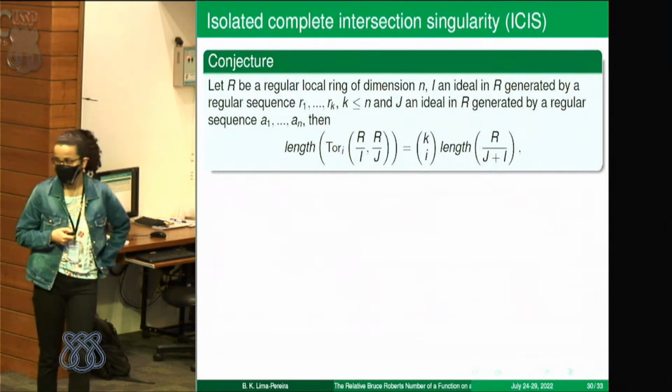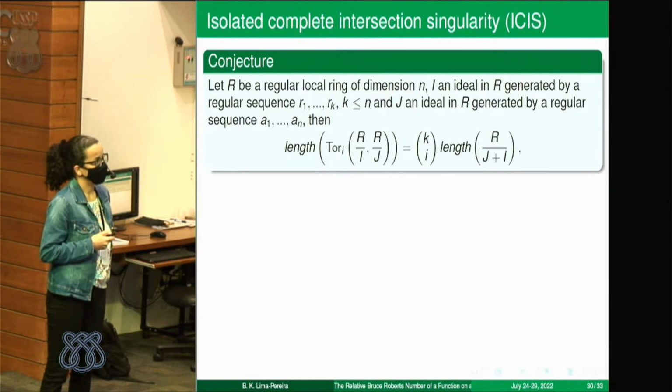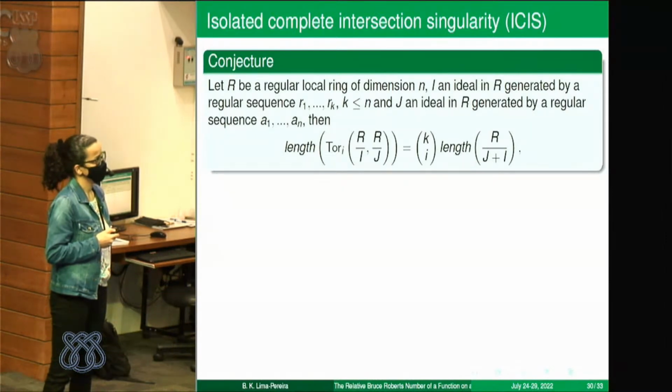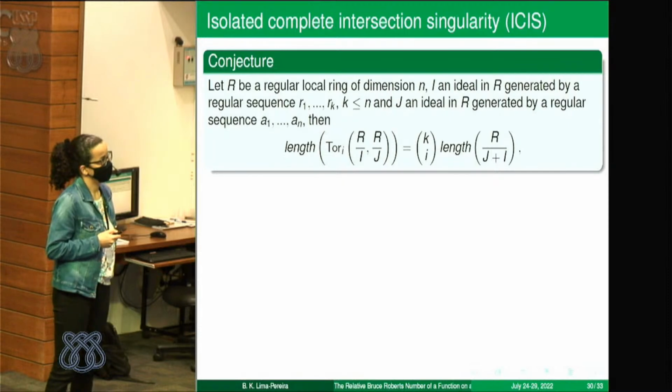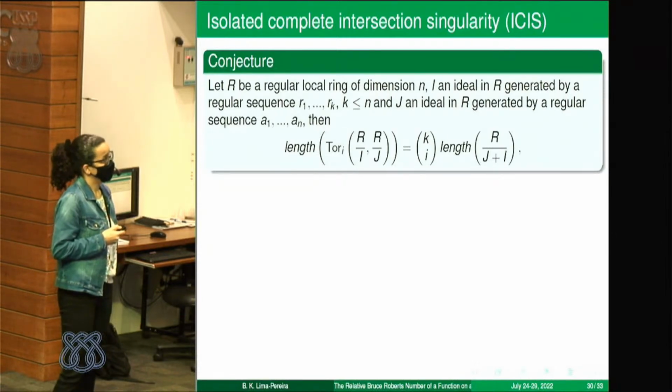conjecture, okay? So let R be a regular local ring of dimension n, and I an ideal in R generated by a regular sequence with k less than or equal to n, and J an ideal in R generated by a regular sequence, okay? Then we have this relation, okay?